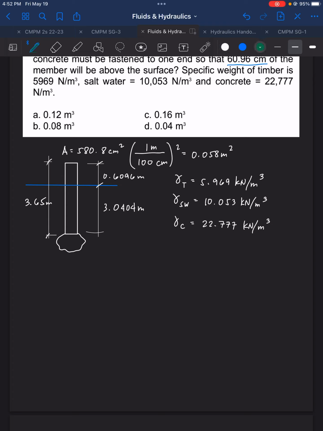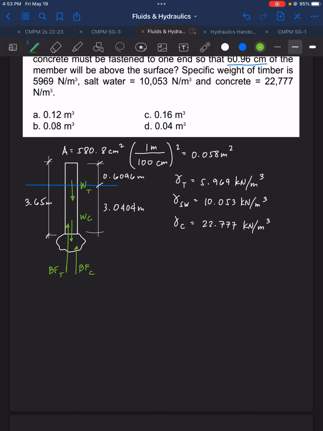So if we are solving for buoyancy problem, we have here the weight of the timber, let's say that is weight number 1, and then this is weight of concrete, and then we have the buoyant force for timber, and then we have the buoyant force for the concrete.